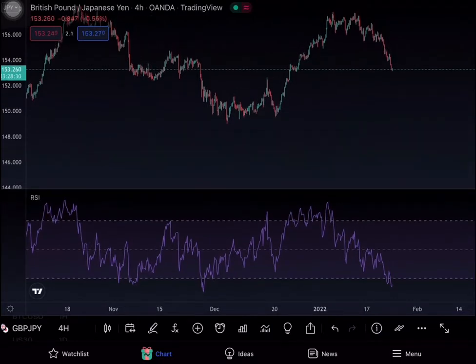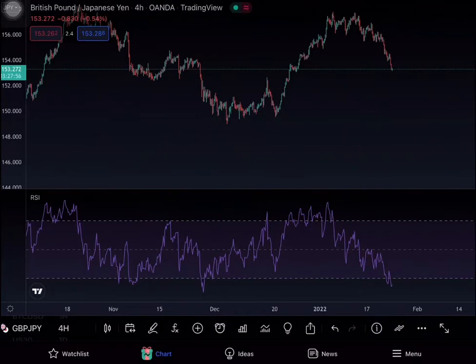After you see the RSI, we have a line that shows us 70. Okay, we have another line that shows us the number 30. When the RSI crosses the top line, it tells you that price is overbought and it will fall, have a corrective wave, or the price will drop soon.